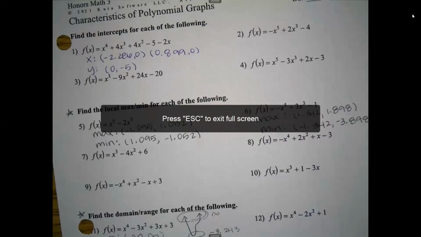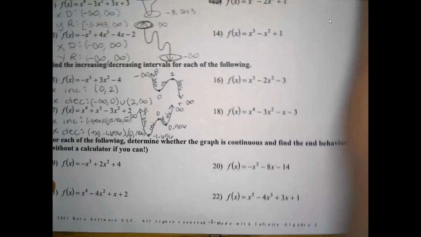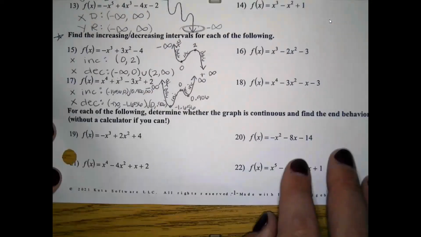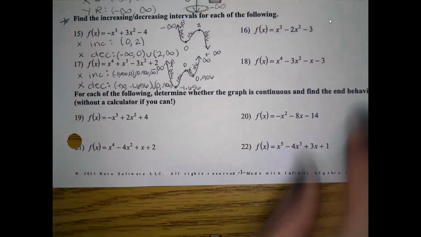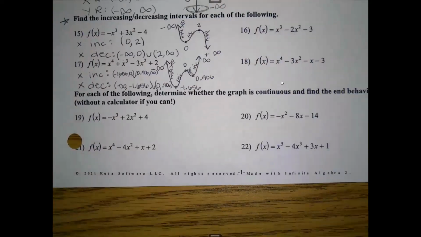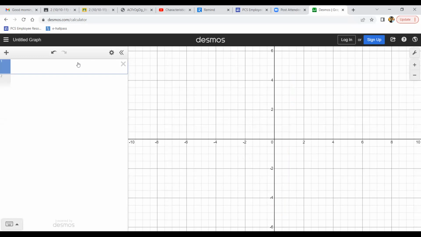Okay. So if we look at the bottom problems, we're still going to have to graph those because we do still need to know what they look like. And then we're going to be describing the arrows. So let's go ahead and type number 19 in. And just like we did for the domain and range and for the increasing and decreasing, we're going to draw a little sketch first.